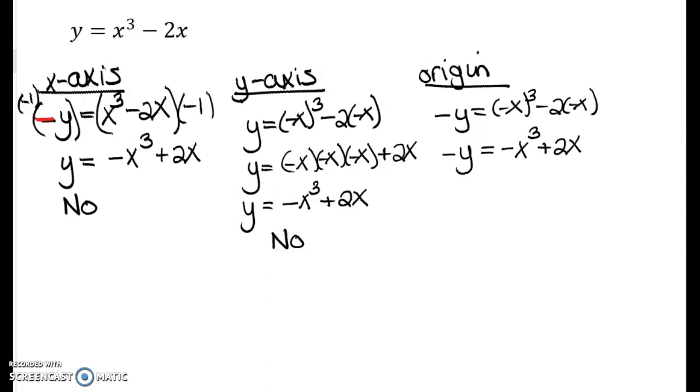Now let's see what happens when we multiply both sides by negative 1. On the left-hand side, we get positive y. On the right-hand side, that becomes a positive x cubed and a minus 2x. And if you compare that to the original, yes, it definitely has origin symmetry.